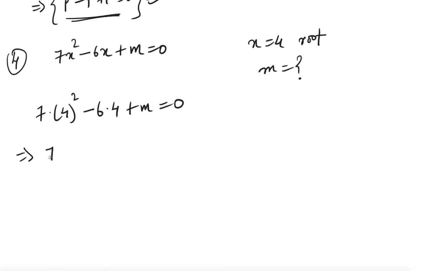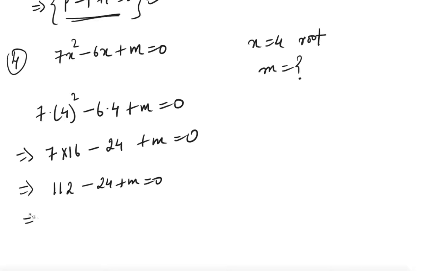This means 7 into 16 minus 24 plus m equals 0. This means 112 minus 24 plus m equals 0. This means 88, sorry, plus 88 plus m equals 0. So from here m is equal to minus 88. This is the solution for this question.